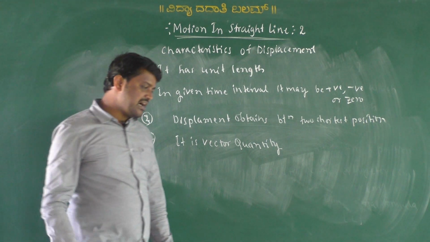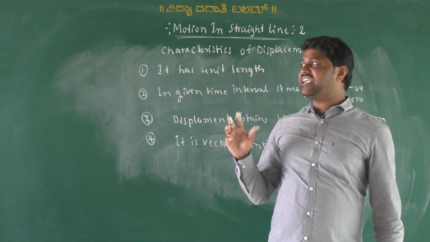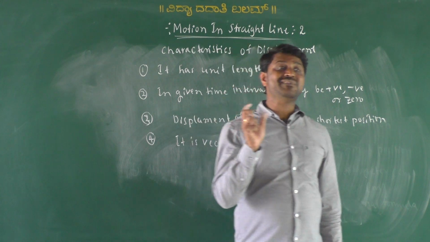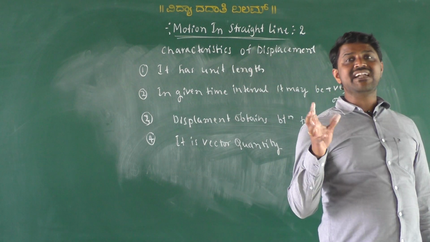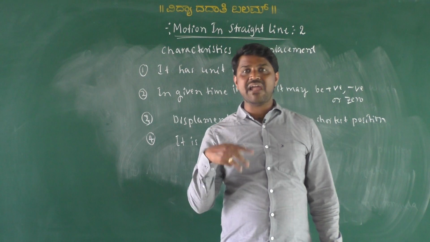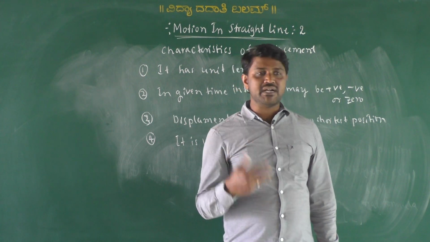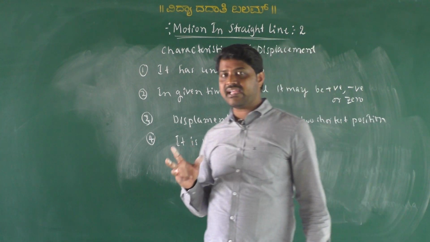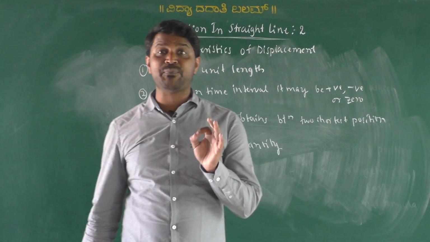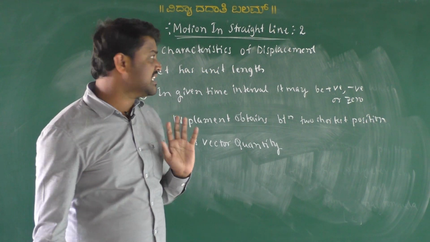Now the question arises, if a particle covers some distance in a given time interval, what is that quantity? That quantity is going to be called as a speed. Speed ಅಂದ್ರೆ ಜವ ಅಂತ ಕರೀತಾರೆ.